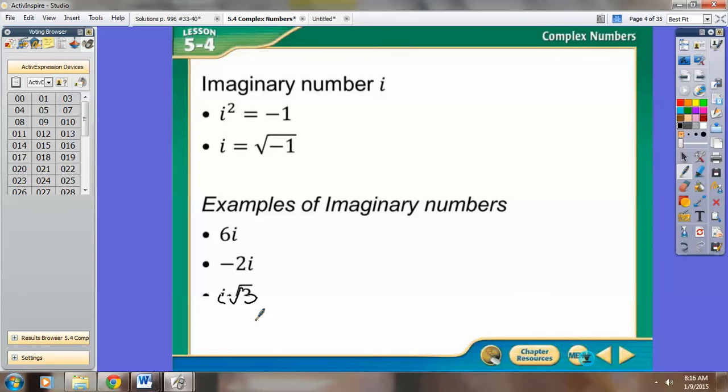Please make a note in your notes. These two bullets right here are very important. These are things you're going to need to know. i squared is equivalent to negative 1. Not i, but i squared.